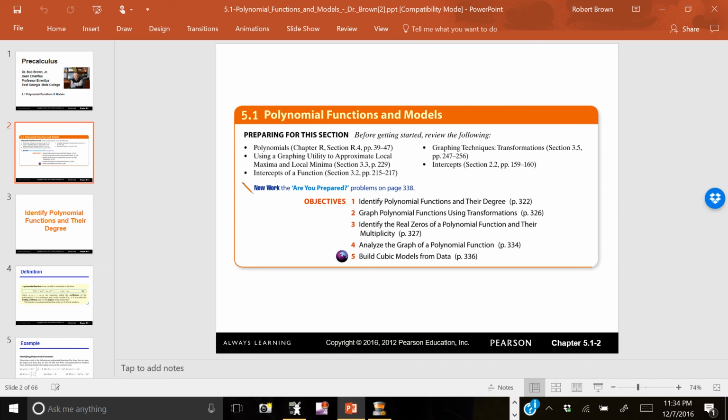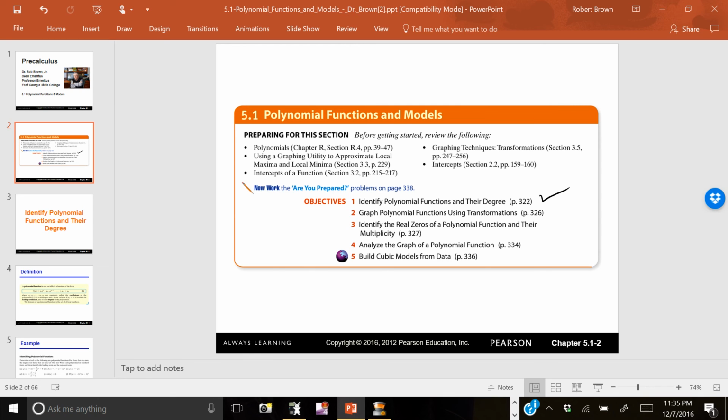First of all, we're going to be able to identify polynomial functions and their degree. I suppose you probably already have a feel for this because you studied some polynomials in college algebra.